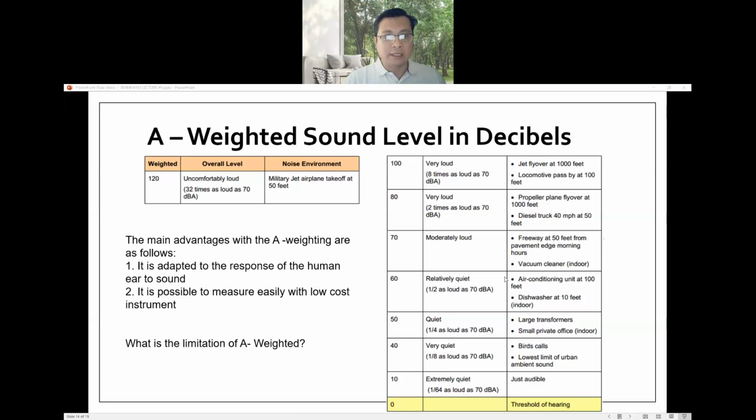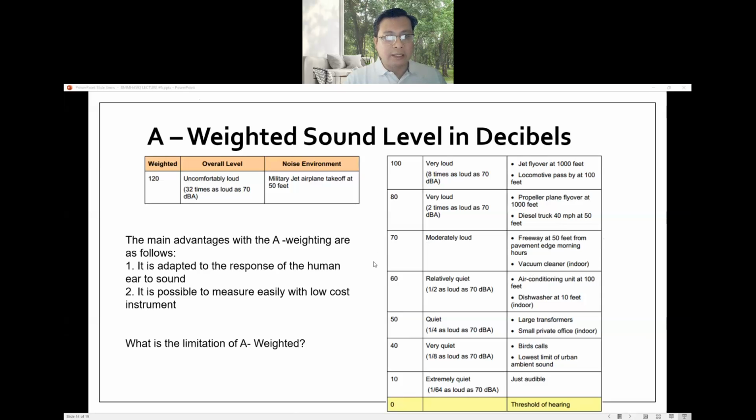After that, we cannot accept it; even 70, moderately loud, is still noisy, so we cannot work in this area.